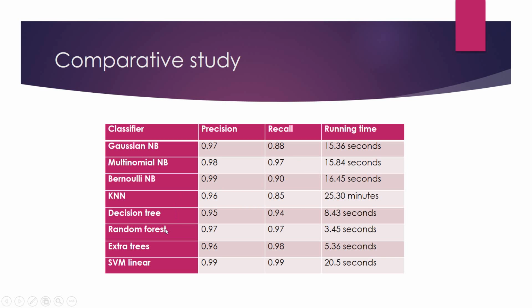The other classifiers like extra trees perform pretty fine. So we can consider using SVM linear, extra trees, and multinomial naive Bayes classifiers for spam filtering, but SVM linear performs the best.